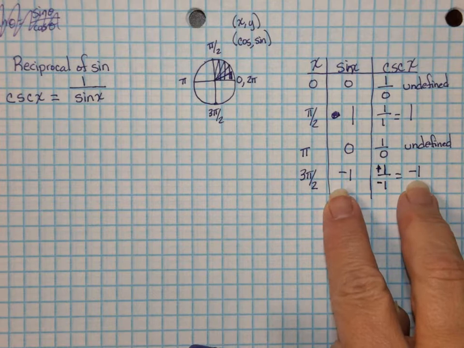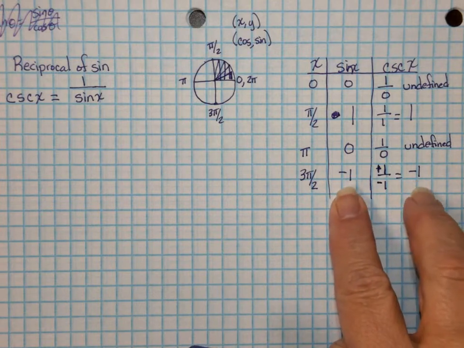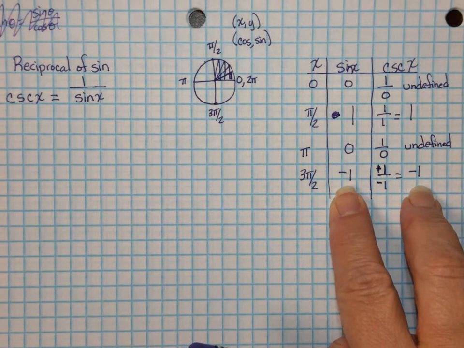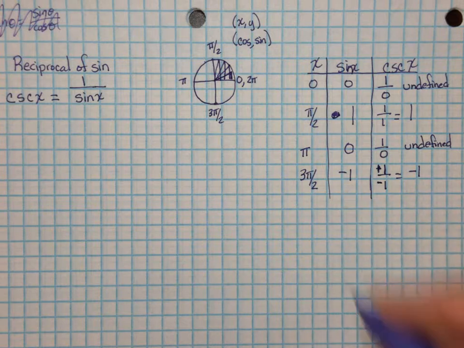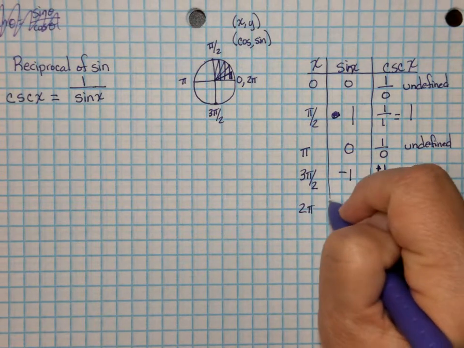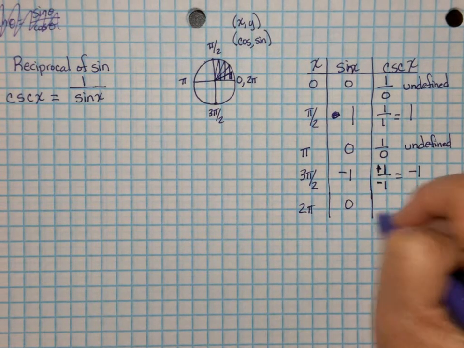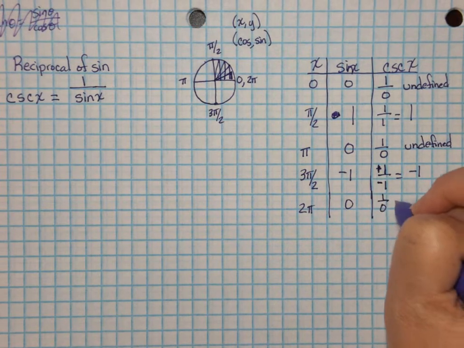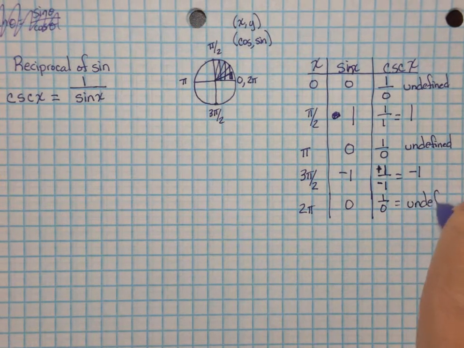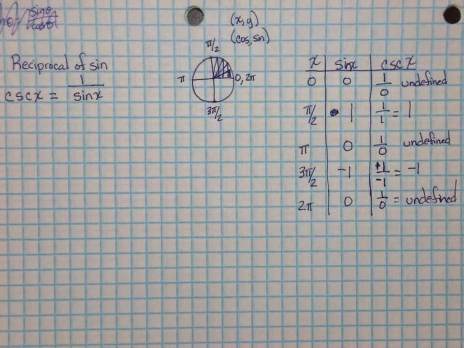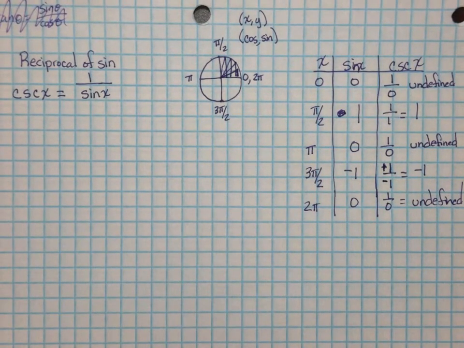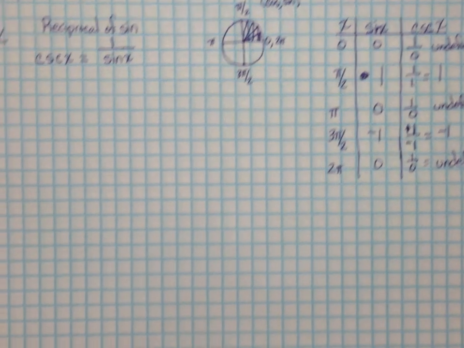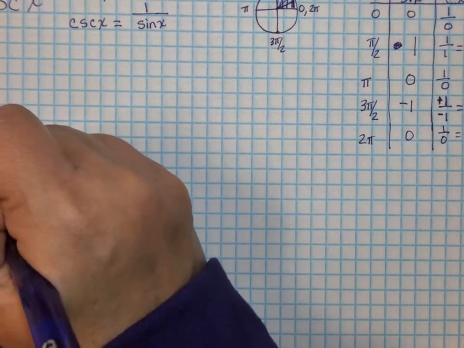So again, notice here that our sine and our cosecant have identical values. And then at 2 pi, our sine is 0, our cosecant is 1 over 0, which is undefined. Alright, so then we're going to come make that graph.